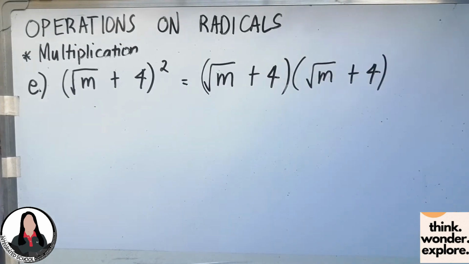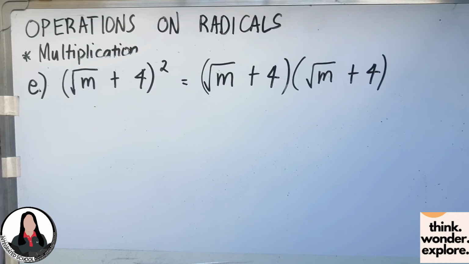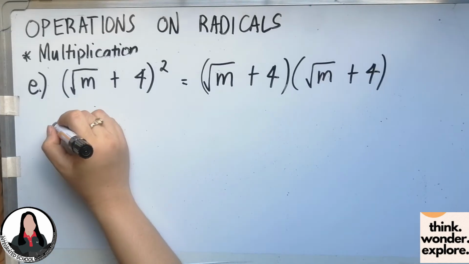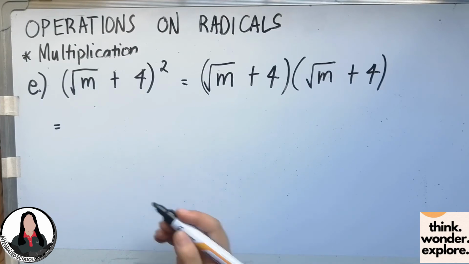So, kanina, nalaman natin kung paano mag-multiply ng dalawang binomials. Anong kaibahan niya? Dito kasi, we are multiplying a binomial by itself, or we're actually squaring it. And when we are squaring a binomial, pwede tayong gumamit ng isang shortcut or isang mas mabilis na paraan na tinatawag na special products.